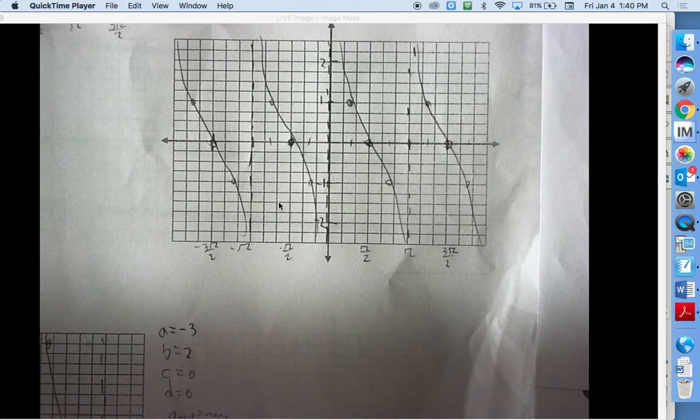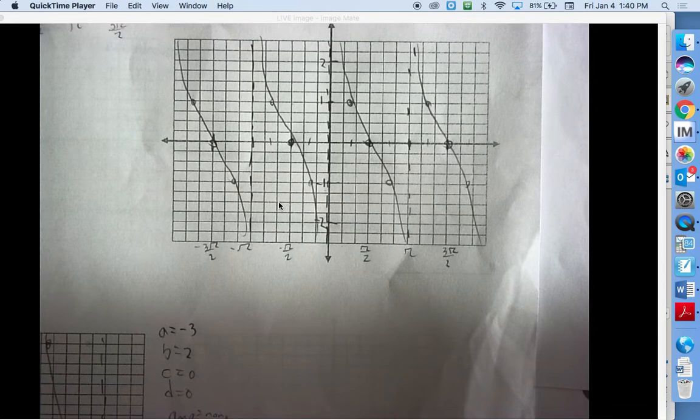Cotangent, the other graph we've been looking at, is a decreasing graph. It does the opposite because they're reciprocals: tangent increases, cotangent decreases. The other difference is that at x equals 0, cotangent has an asymptote, because if tangent is 0, 1 over 0 has to be an asymptote.